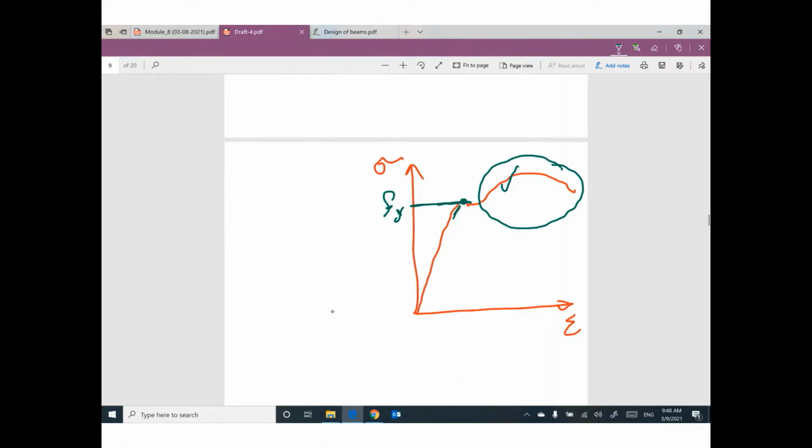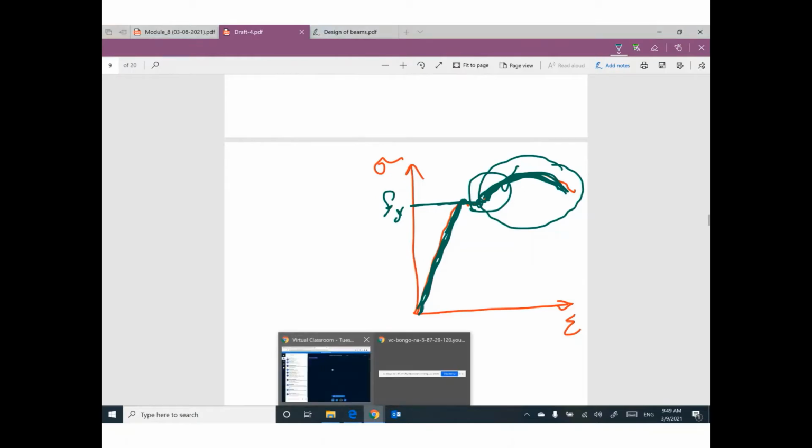But at this location, you are still very close to the elastic behavior. We don't like to go beyond this point because if you go beyond yielding, you can expect strain hardening behavior and permanent deformation. Okay.